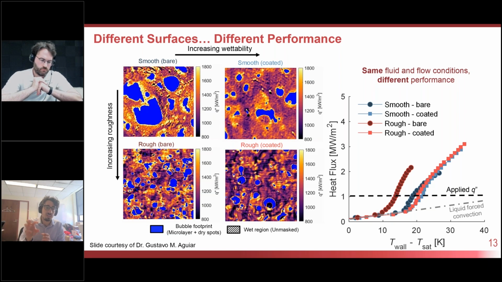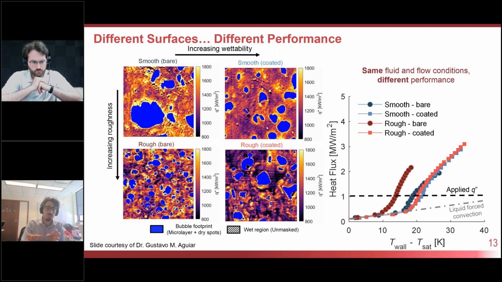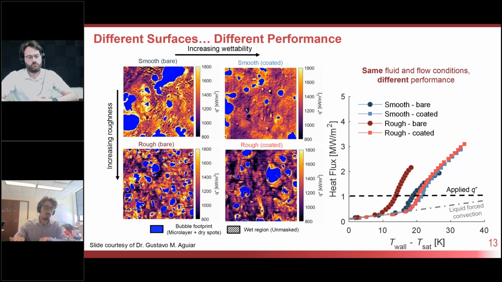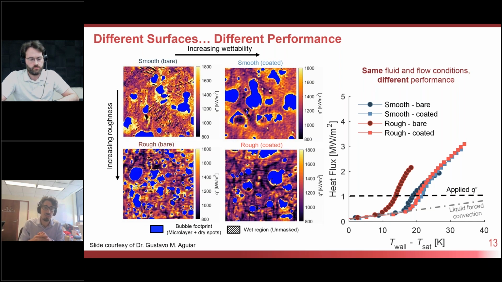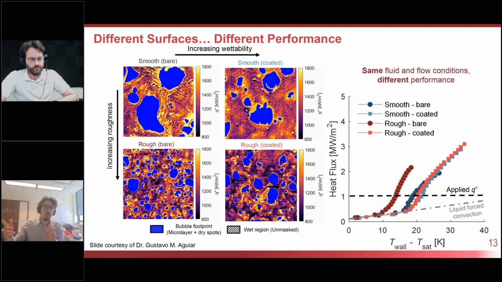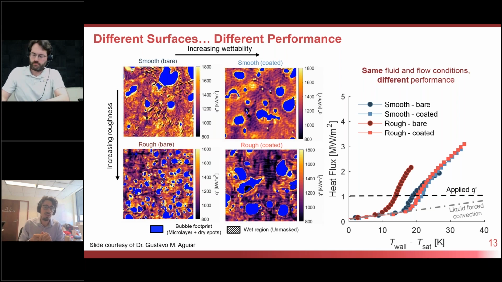So you can see the heat flux around the bubbles, right? The bubbles are blue because he removed the footprint of the bubble, which has a very low heat flux. And we see that around the nucleating bubble, you have a spike in heat flux, right? And then you have a spike also when the bubbles are leaving the surface.